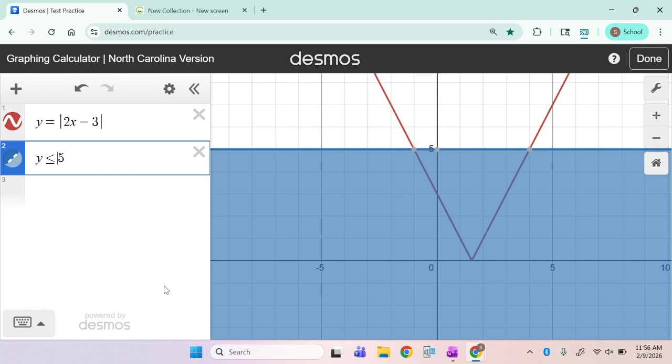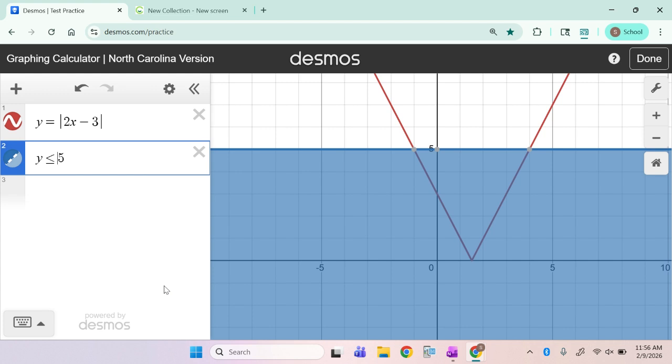Now, notice how the shading keeps going on forever and ever, and it is going to do that. It's going to go on to infinity. But we want the shading from where it's within our graph. So look at the red line, at least on my end. I don't know what color it is on yours.